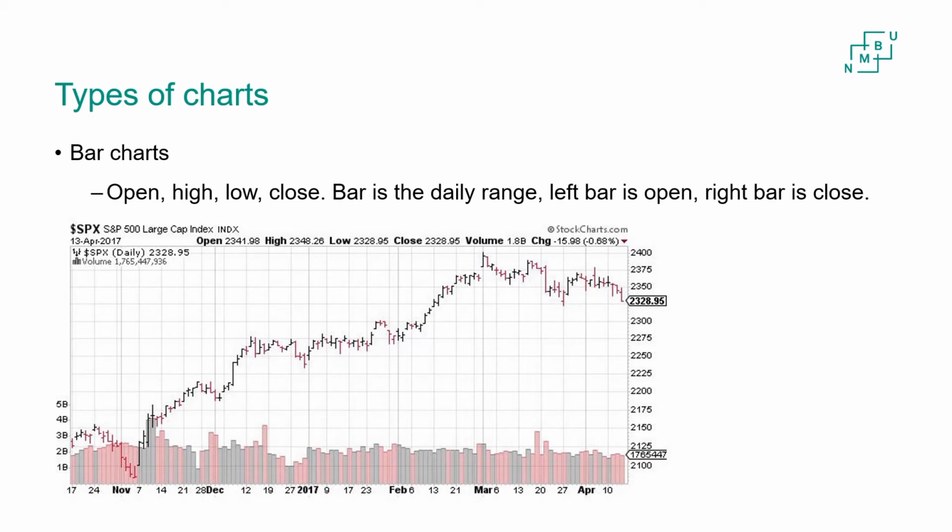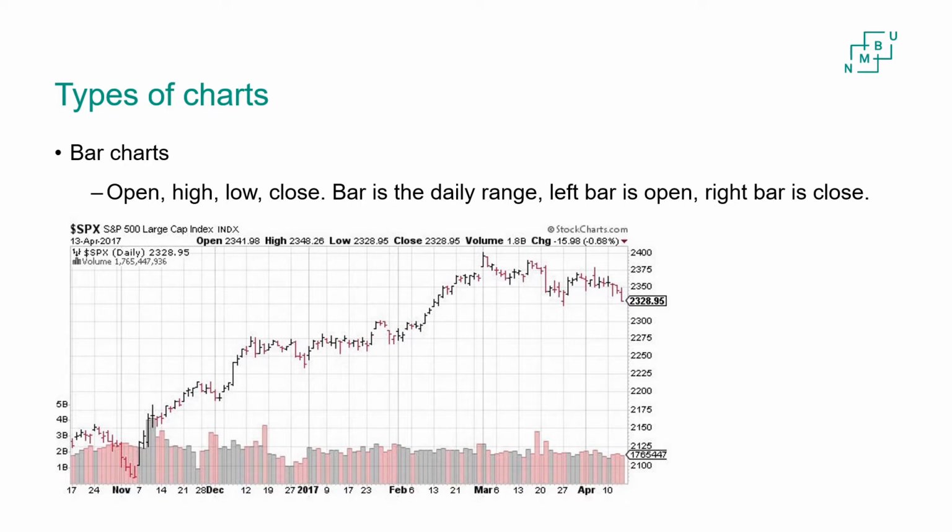Another kind of chart would be the bar chart. Here you use the information from the open price, the high price, the low price, and the close price. The high price is the highest the price had been intradaily, and the low price is the respective lowest point of the day.